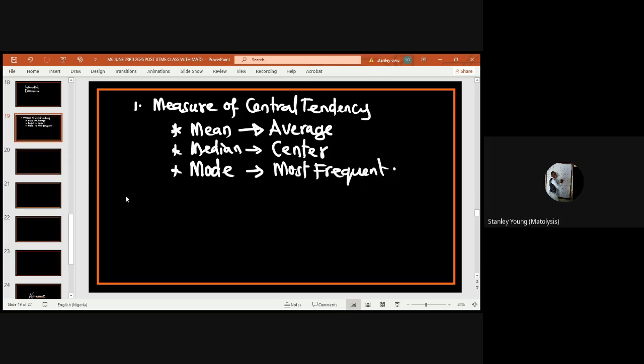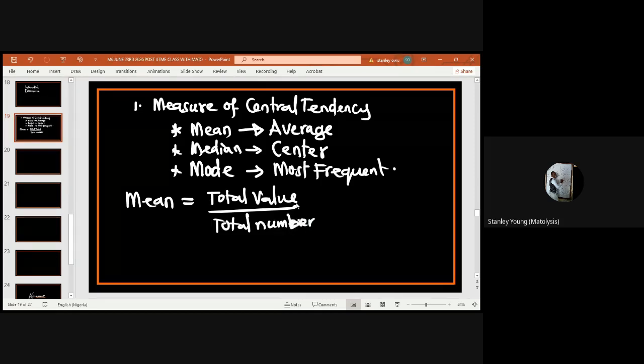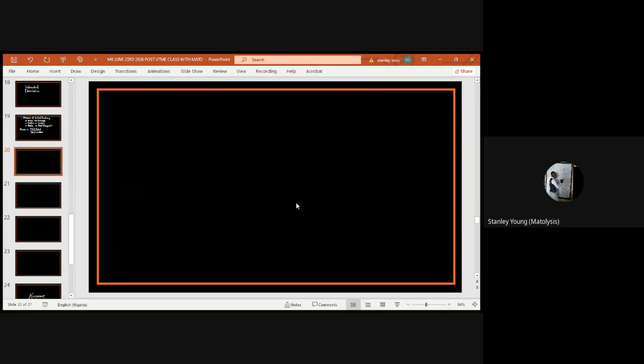So to calculate the mean, the mean is equal to the total value over the total number. So this is how you calculate the mean of a given data. So I'm going to take an example.